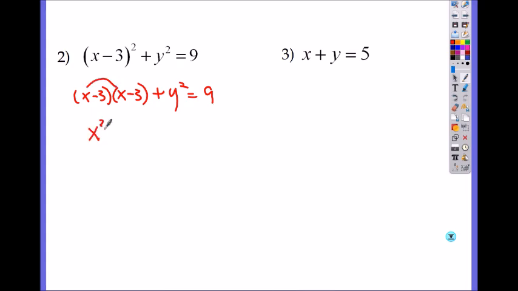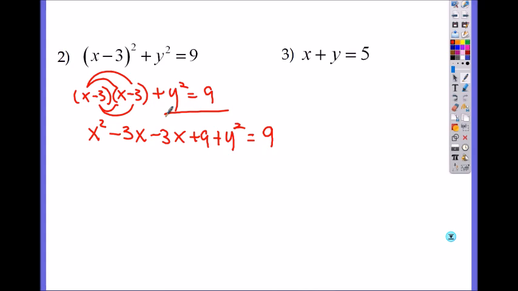I get x squared plus 3x. No. Minus 3x. And then you have another minus 3x, so yes, it becomes minus 6x. And then plus 9, plus y squared equals 9, right? The rest, you just bring it down.